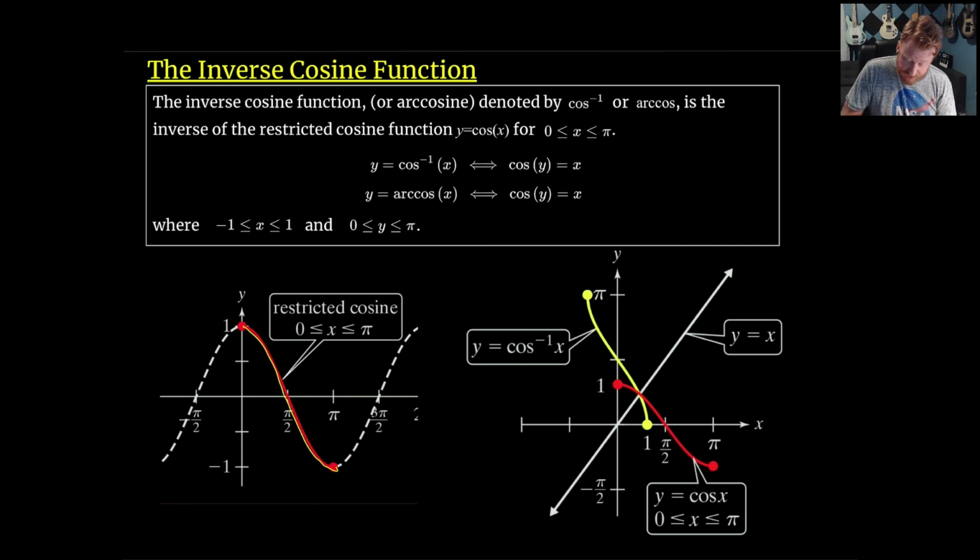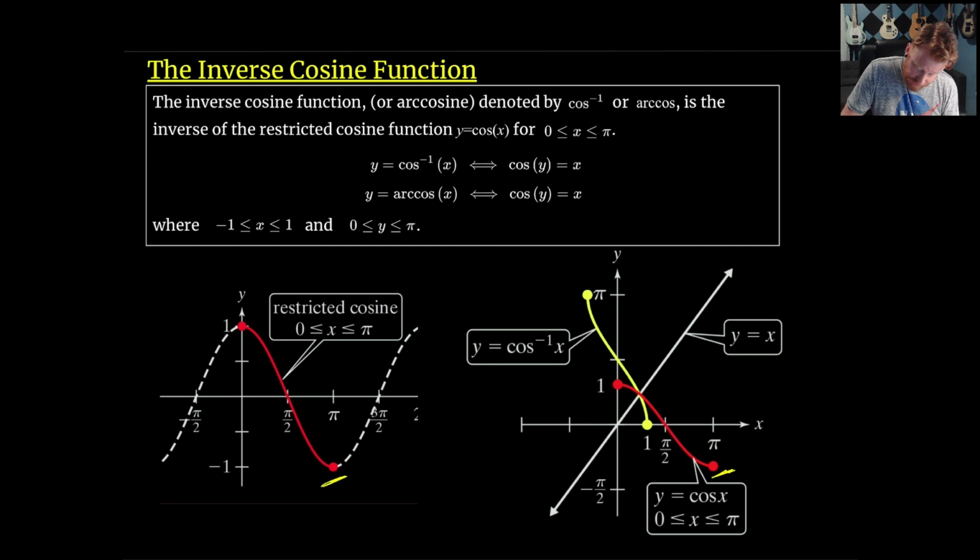And next to it here, we just have the graphs next to each other. So we've got this line going through the origin. This is just where we're reflecting each graph. So red corresponds to red here, that this restricted cosine is our restricted cosine over here. And then the yellow is the inverse.